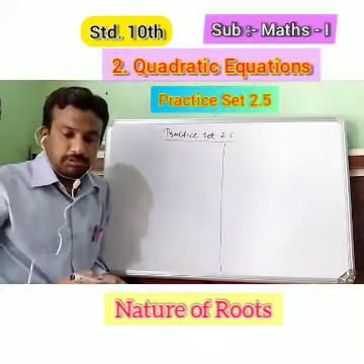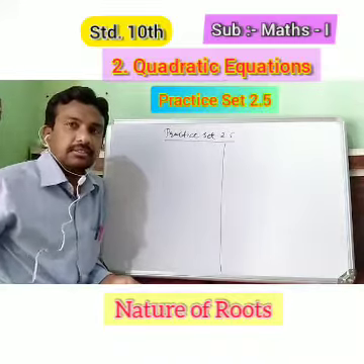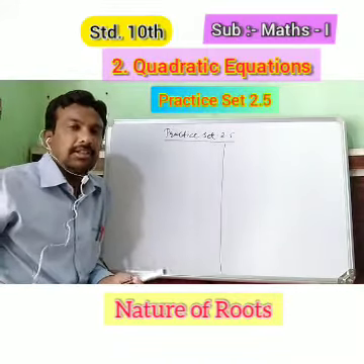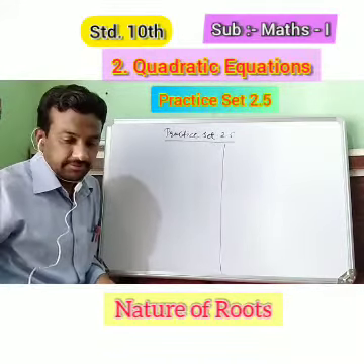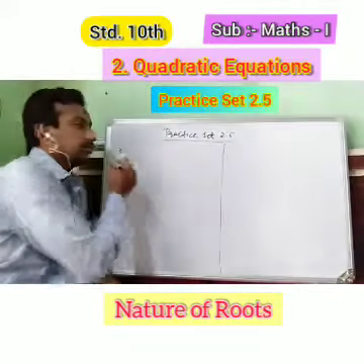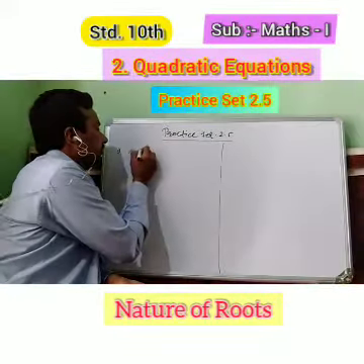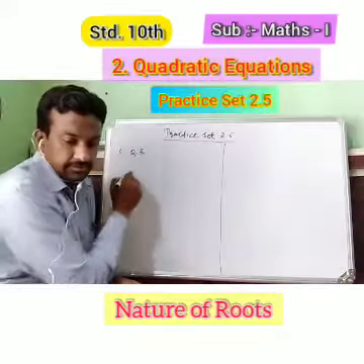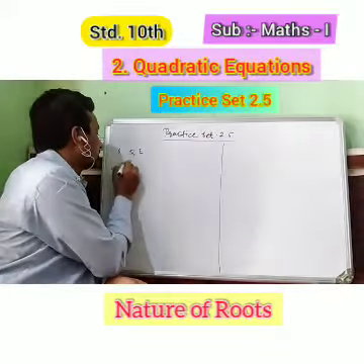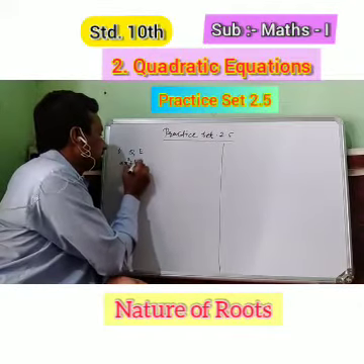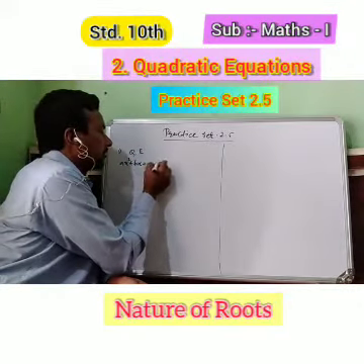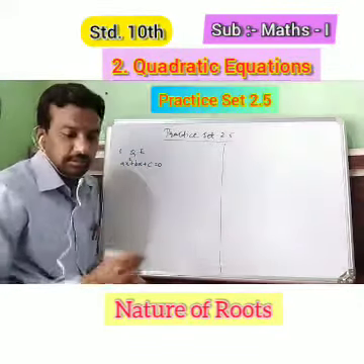Practice set 2.5. There is an activity, fill in the blanks and complete. First example, a quadratic equation is given. We know the standard form of quadratic equation, that is ax square plus bx plus c equal to 0.